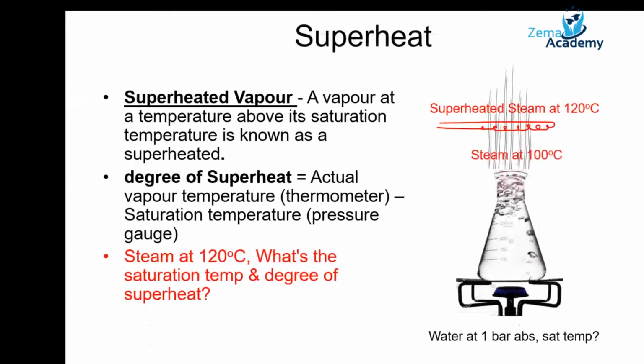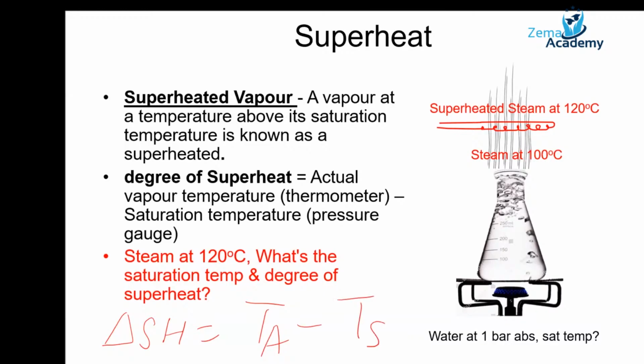Other terms that we will come across is superheated vapor. Superheated vapor refers to vapor at a temperature above the saturation temperature. And we can actually calculate our degree of superheat: degree of superheat is equal to actual temperature minus Tsat.